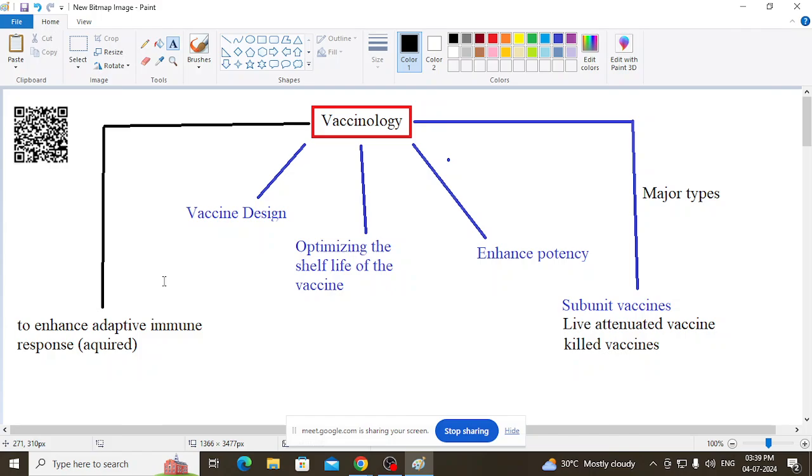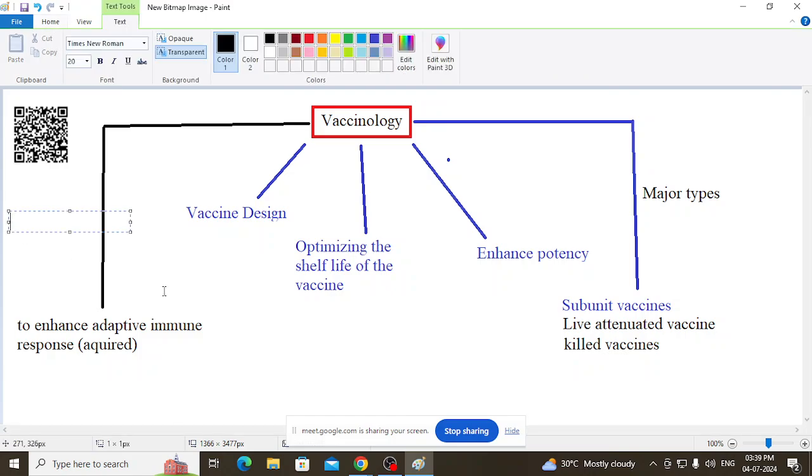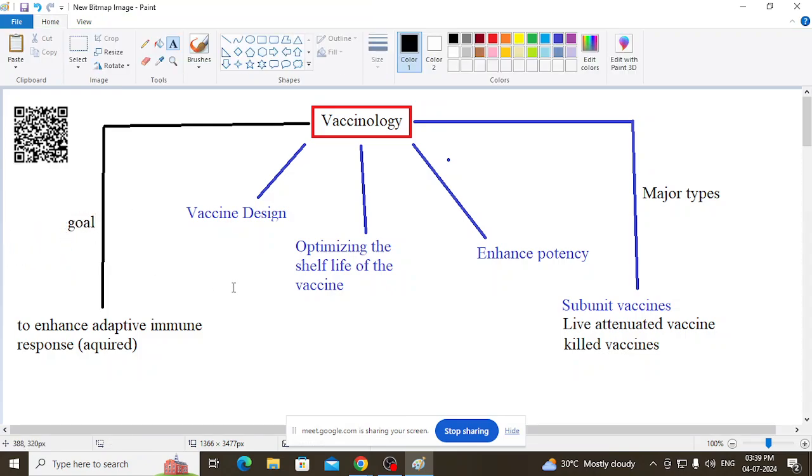Okay, it is not by default. So the main goal of vaccines is to enhance the adaptive immune response.